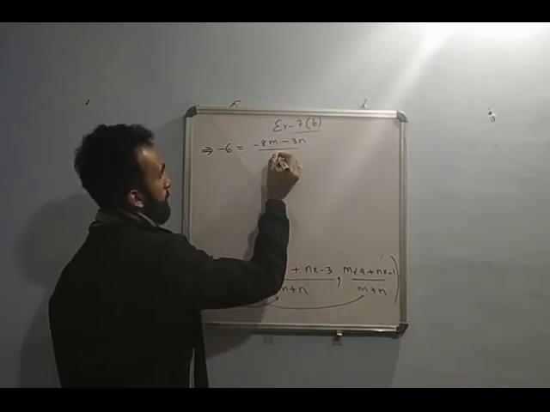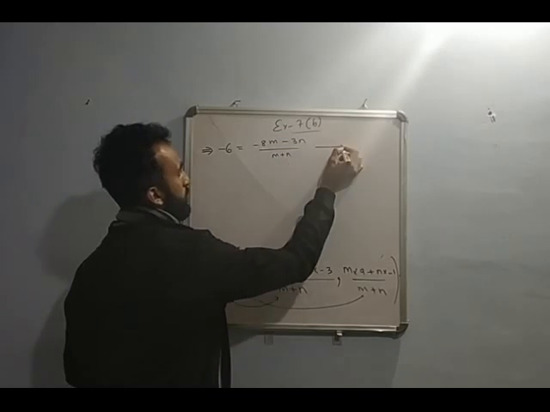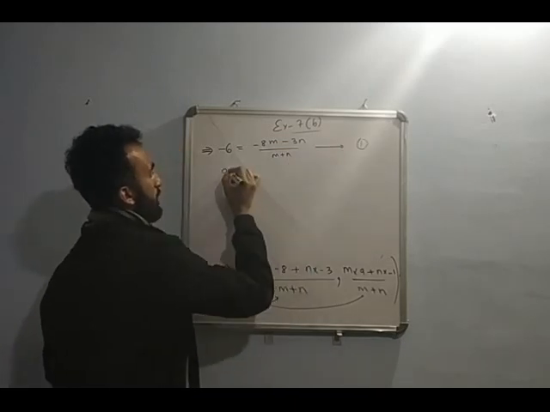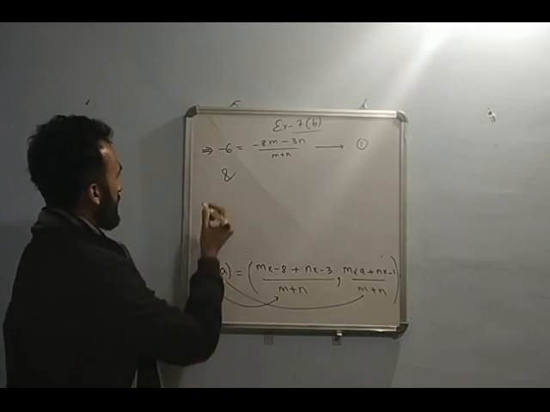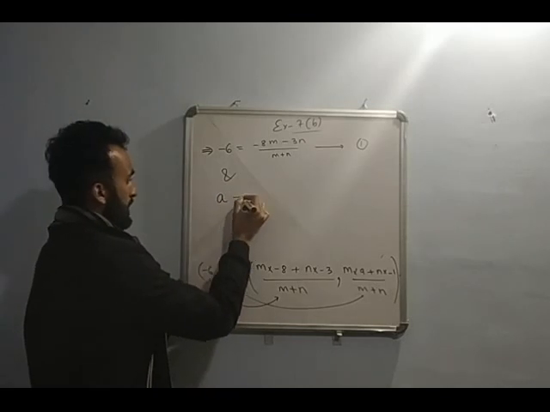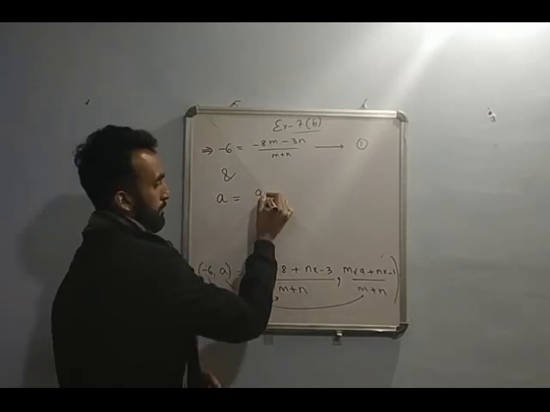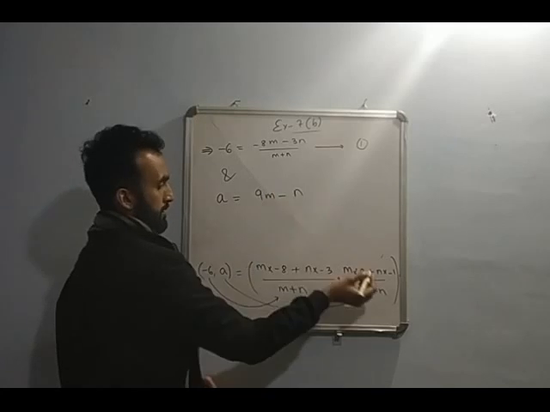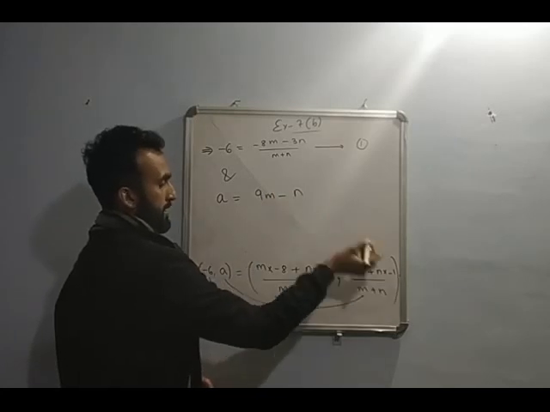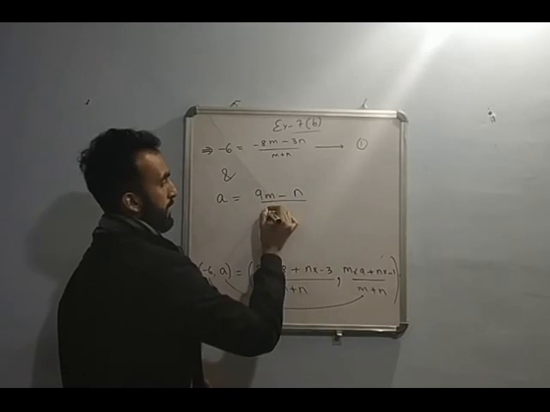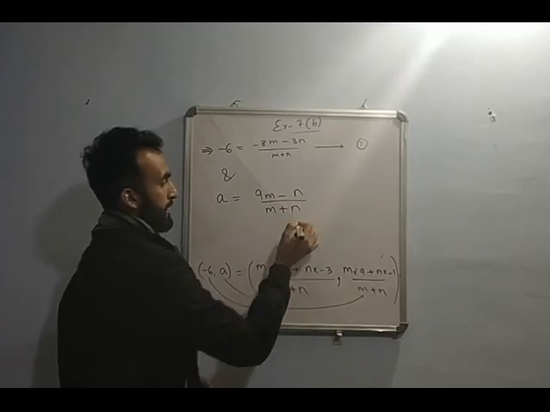Divide by m plus n. This is equation number 1. And one more, we have A equal to 9m minus n. See, plus into minus is minus, n into 1 is n, divided by m plus n.